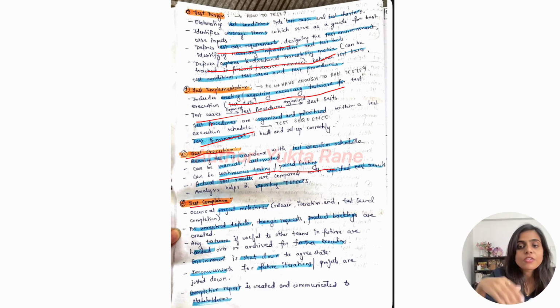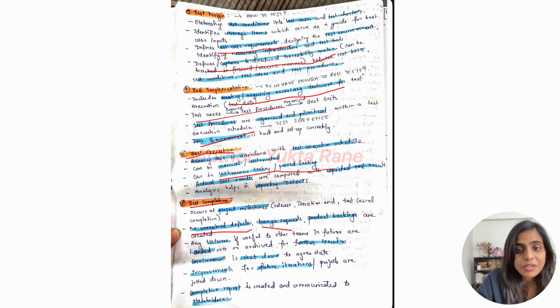After you find the defects, you will log them and then connect with the developers in case they have any queries regarding the defects. Then the defects get fixed. Now test completion occurs at the end of the project cycle or the end of an iteration. Here the unresolved defects are carried forward. For carrying them forward, you make them part of the next product backlog or a change request. Any test cases are useful testware.